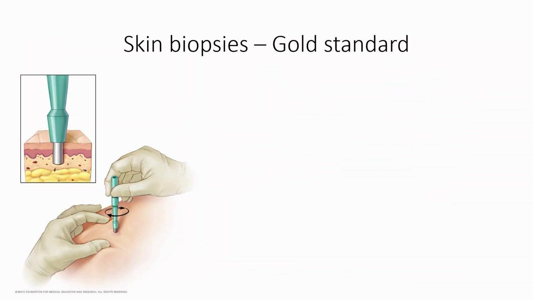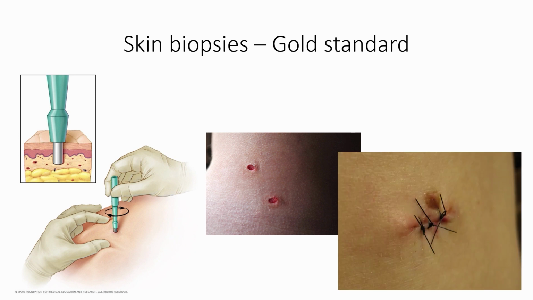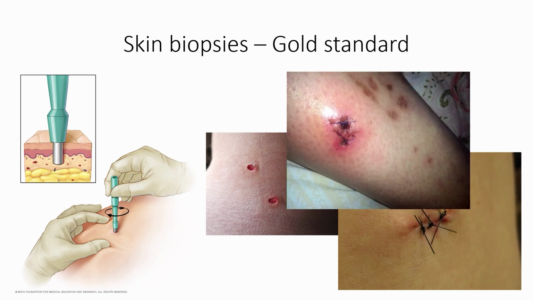When we talk about big data, we of course need to think about how we get our samples, because garbage in, garbage out. You need to make sure that you use the sample that is appropriate for the questions that you're asking. The gold standard, of course, for skin investigations are skin biopsies, but as you all know, not every patient is happy about a skin biopsy. It can superinfect, and it will for sure leave a scar.